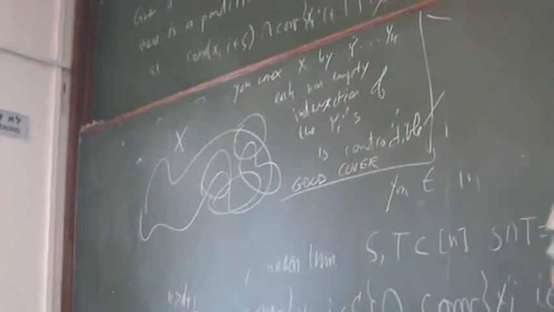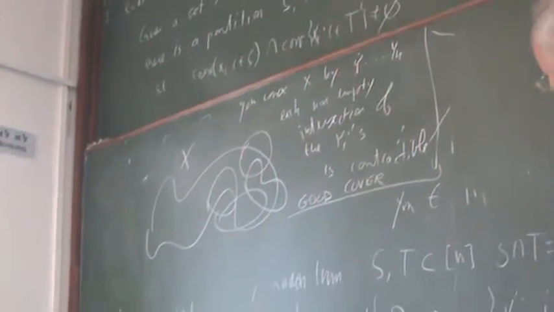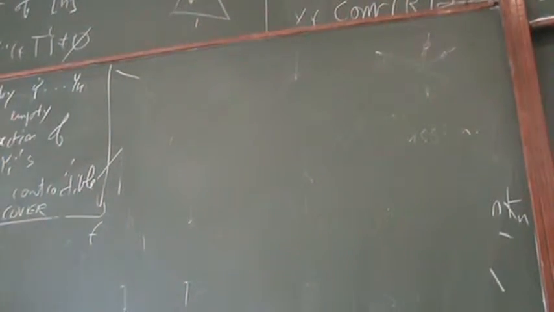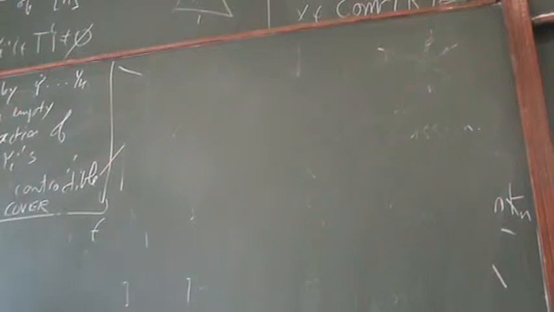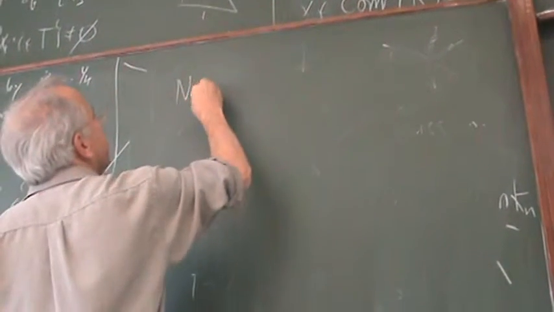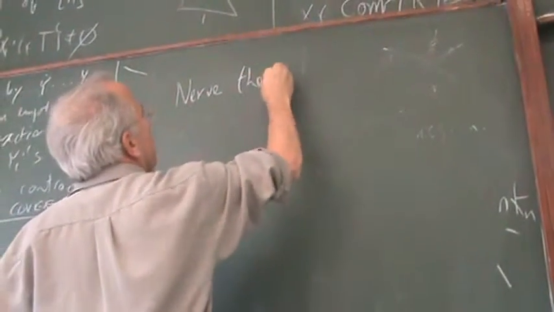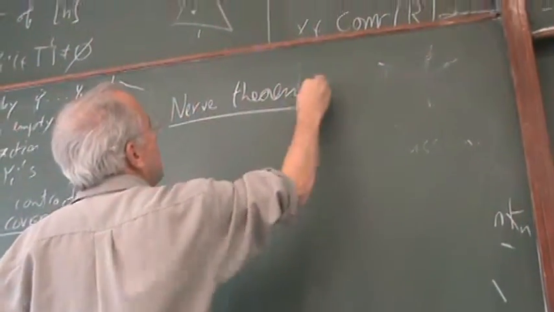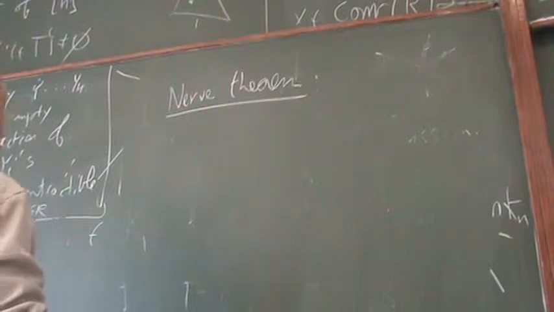There are various variants of nerve theorems according to whether you talk about homotopy or homology. There are various variants, but I'll just state one variant. This is the nerve theorem. But before I state the theorem, I'll tell you what the nerve is.